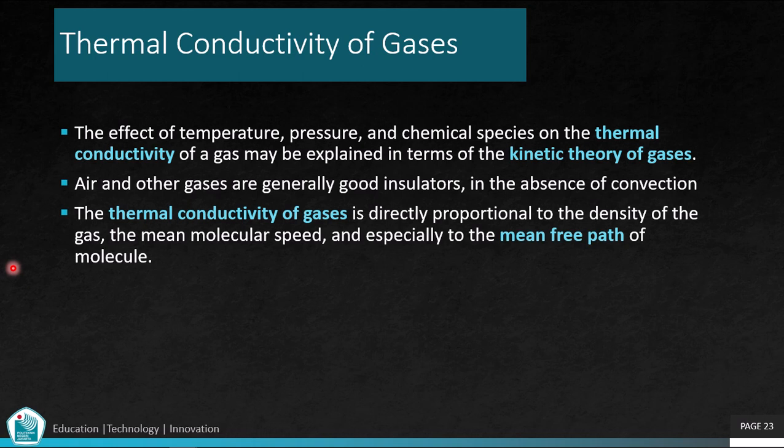Imagine a molecule with a big diameter: if there is another molecule near it, it is more likely to collide than a small one. The average distance traveled by an energy carrier or molecule before experiencing a collision is called the mean free path.